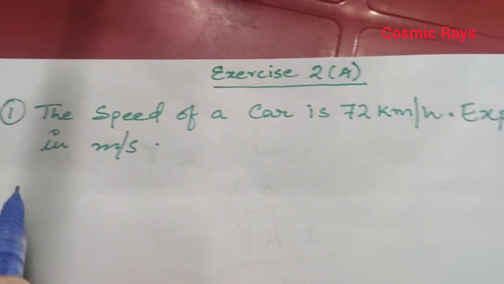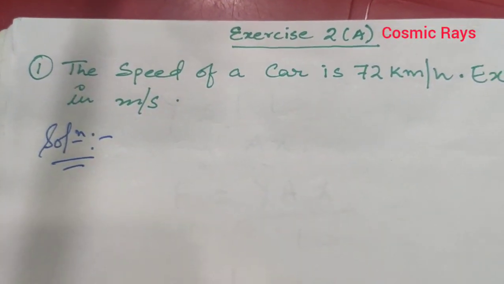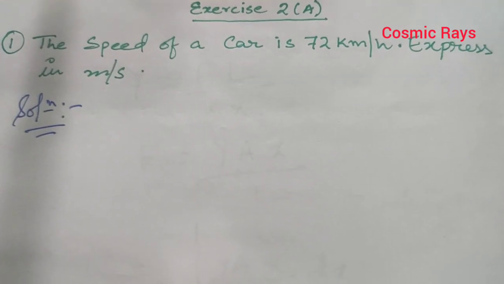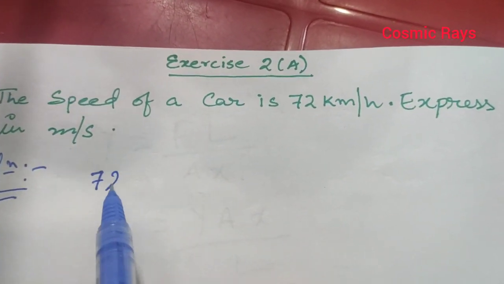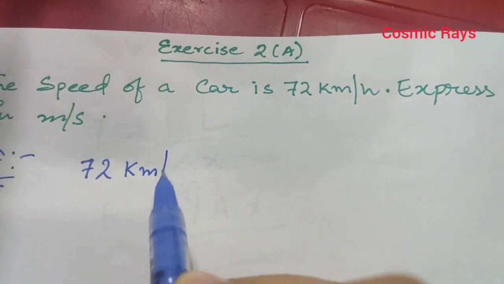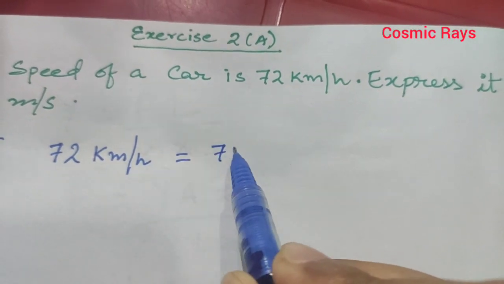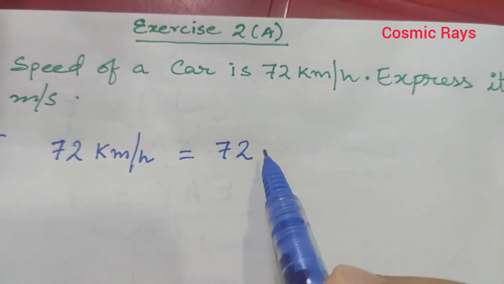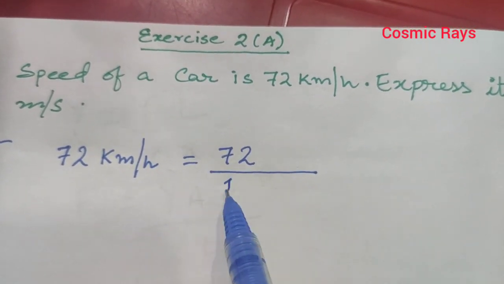So we have the speed given to us in kilometer per hour, so 72 km per hour. So we can write it as 72 upon, per hour means 1 hour.